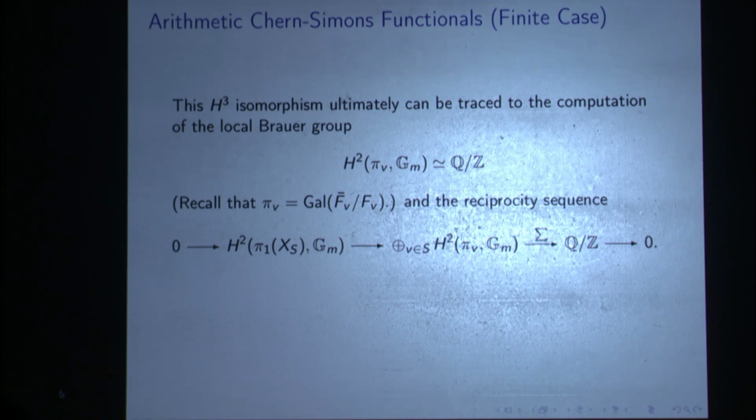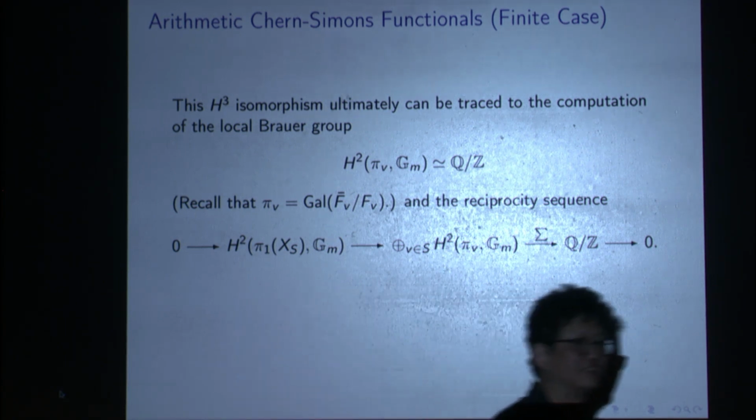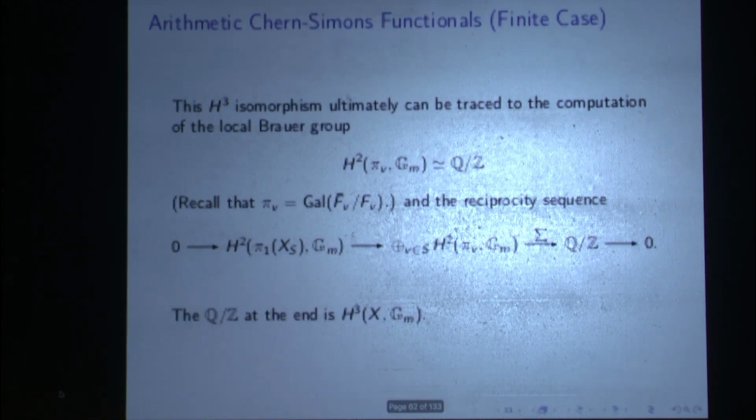These are the most important part. Then you have to interpret them in specific ways to apply them to actual number theoretic problems. But the local Brauer group computation and this reciprocity sequence is class field theory. And I'm summarizing all of that in a slide. So it's a bit much, but anyways.